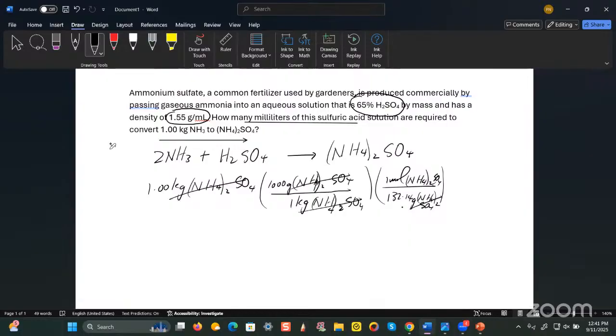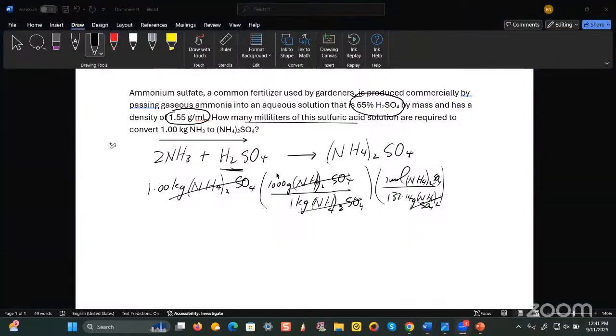And then the next step would be to go from moles of ammonium sulfate to moles of sulfuric acid, all right? And based on the balanced equation here, it's a 1-to-1 mole ratio between the two.